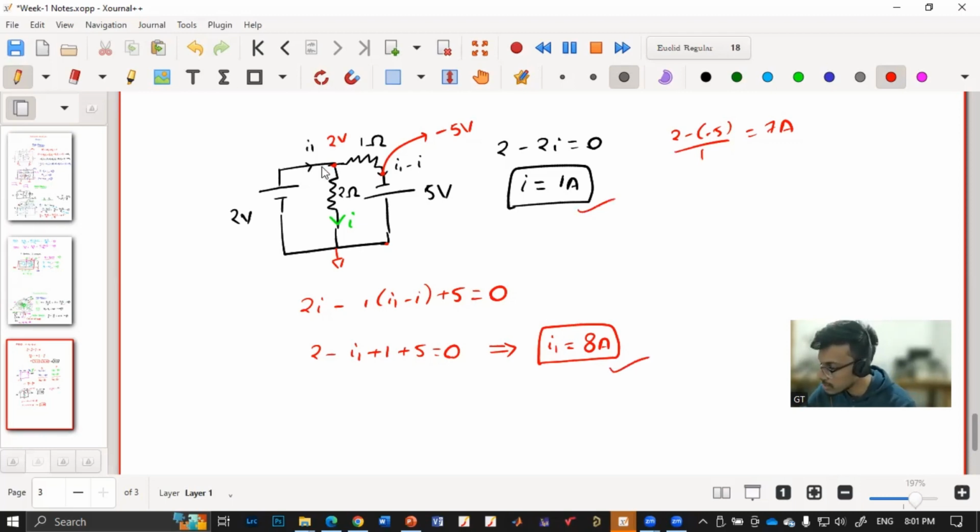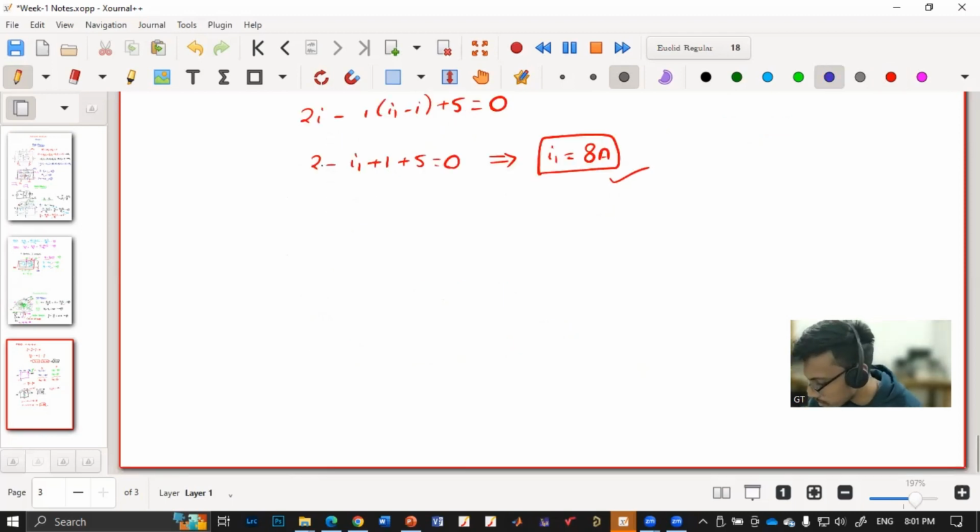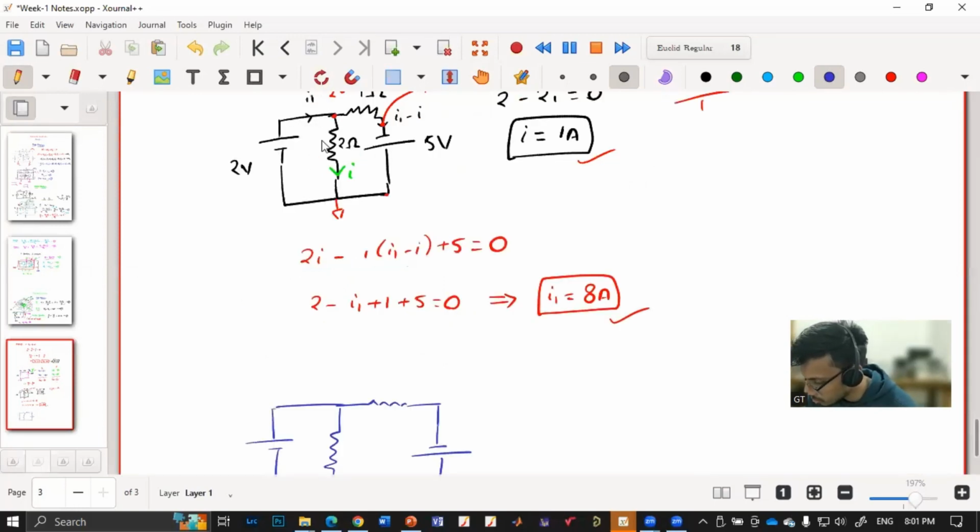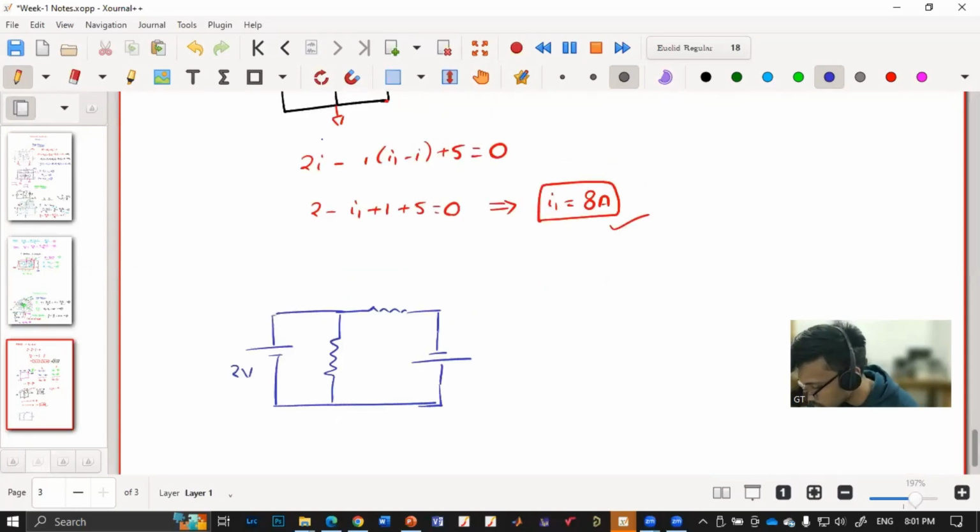Now I'll consider another scenario. I'll consider the same circuit. Say 2 volt, 2 volt, 1 ohm and 5 volt.